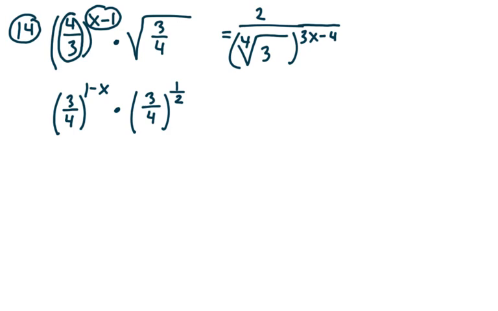Okay? Now, on the right side, I'm going to get 2 over. Now, 4th root of 3 is 3 to the 1/4. And I'm going to raise that to the 3x minus 4. Like so.